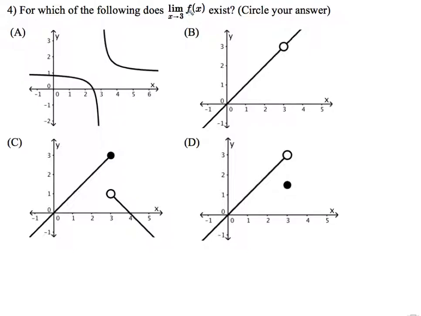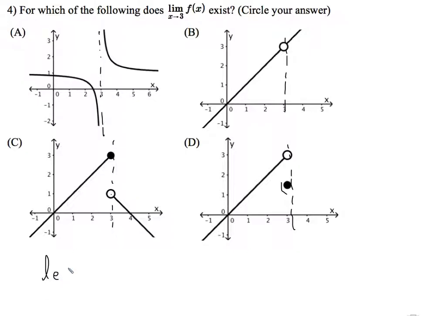So the limit of f of x as I approach 3. So I'm talking about 3 here. We can see where 3 is on all these graphs, more or less. All right, so as I get closer and closer to 3 from both sides, I need to be approaching the same value because, what is the rule? Left equals... Right.